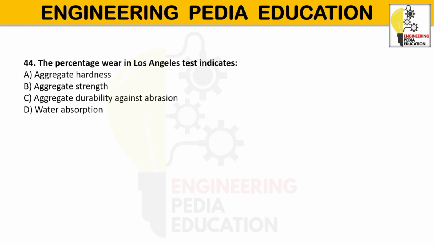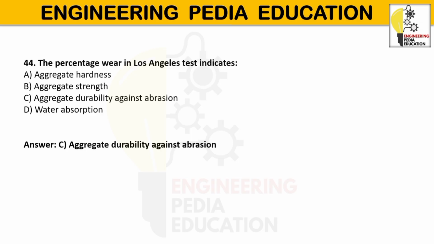The percentage wear in Los Angeles test indicates aggregate hardness, aggregate strength, aggregate durability against abrasion, or water absorption. So the percentage wear in Los Angeles abrasion test indicates the durability against abrasion.